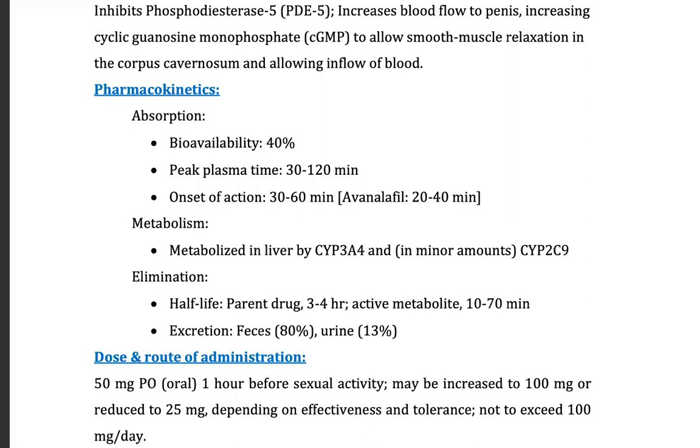Half means 50, and life means time. We can say the time required to eliminate 50% of the drug from the body is called half-life, and for the parent drug it is about 3 to 4 hours, and for the active metabolite it is about 10 to 70 minutes.